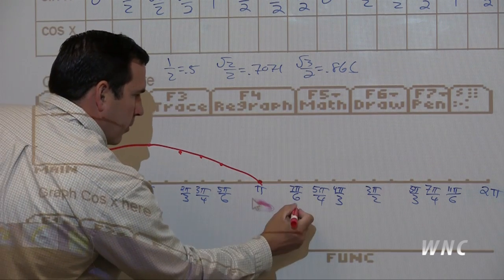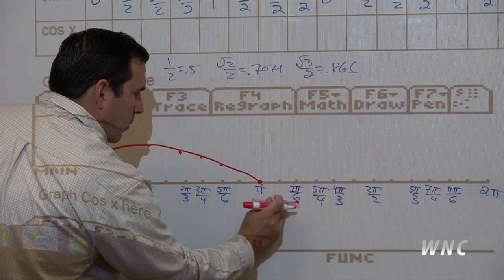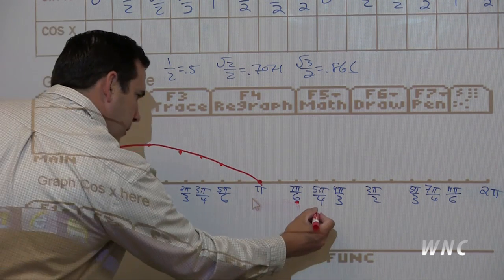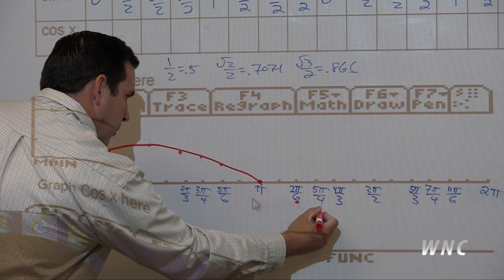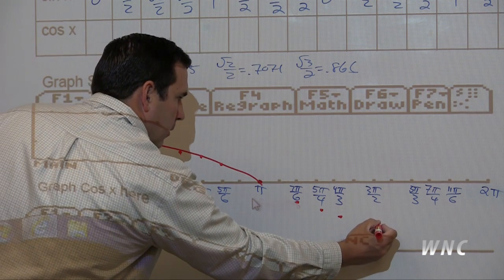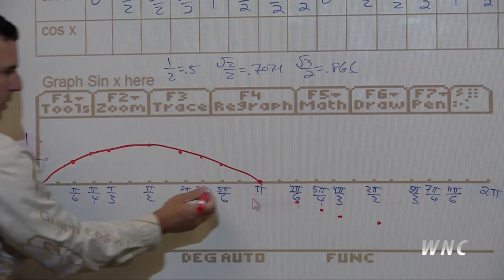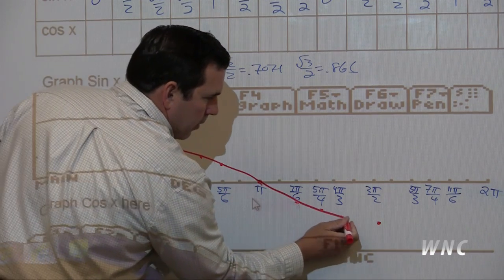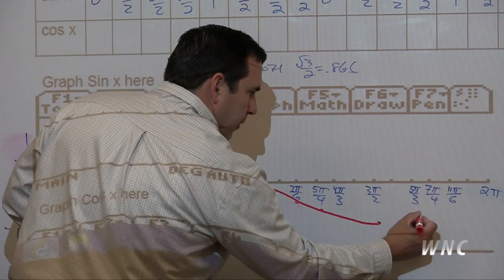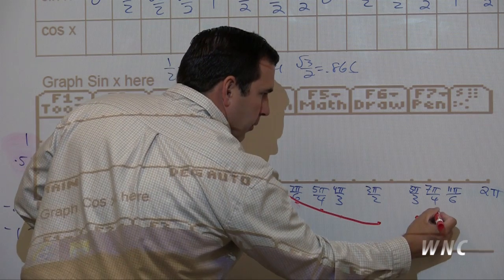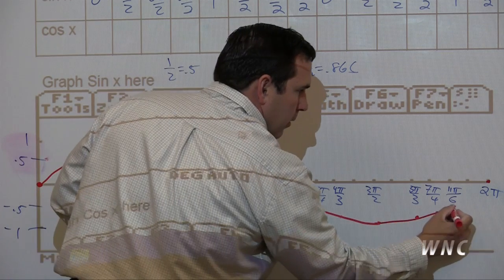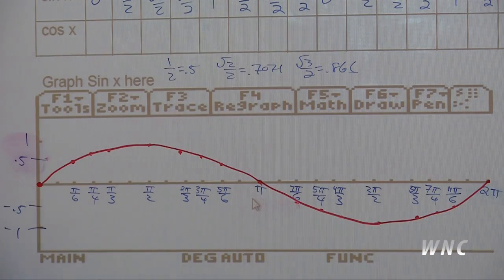Now 5 pi over 4 is going to be at negative 0.7. Then negative 0.86, and negative 1. So we have this kind of a curve coming down now. 5 pi over 3, start going back up. Negative 0.86, negative 0.7, negative 0.5, and then 0. And there's our sine curve.